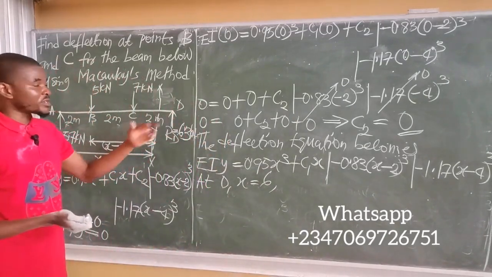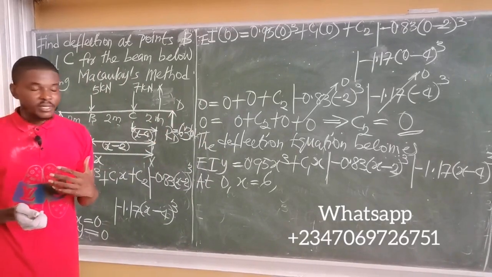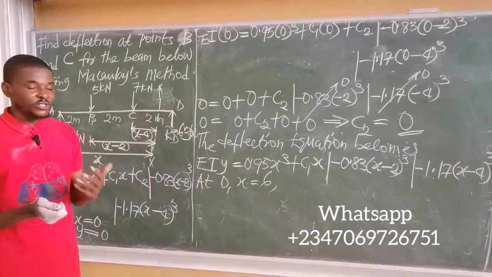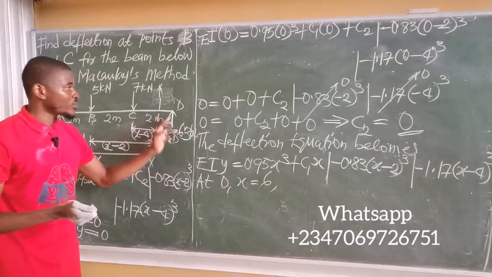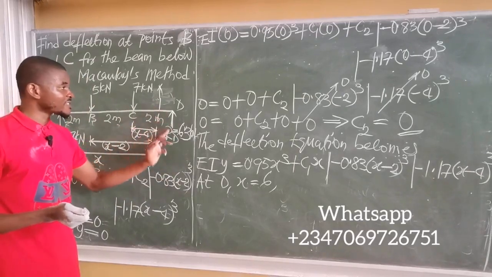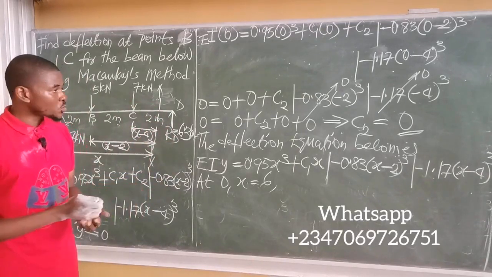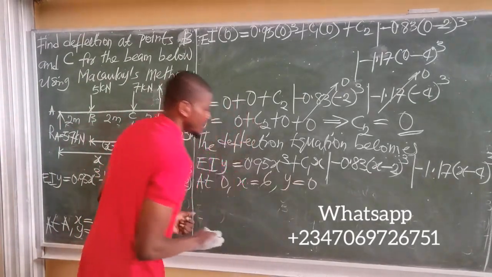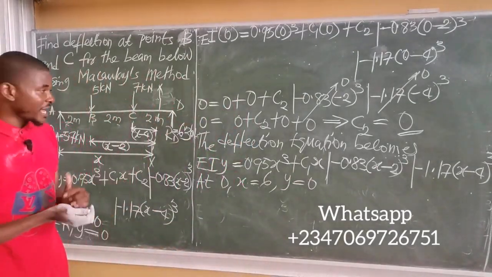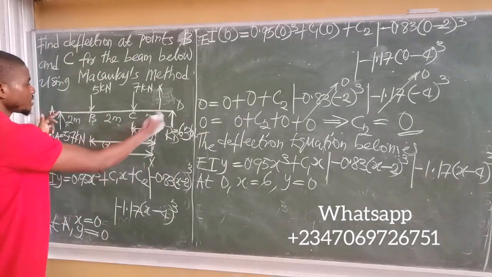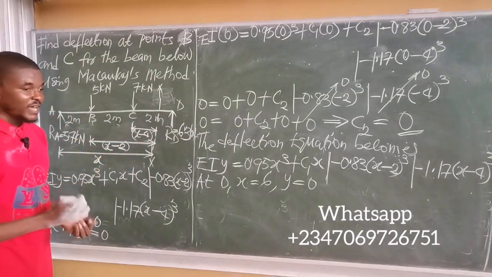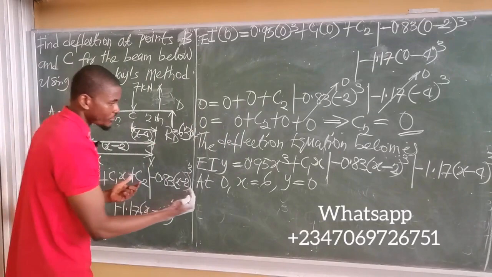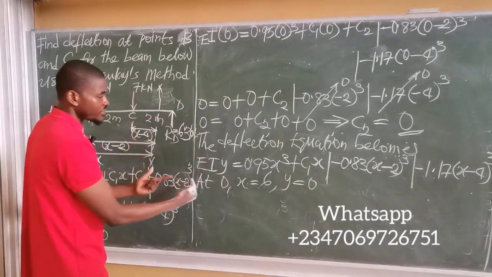Also, at point D, there is no deflection, because I have a load acting upwards at that point. So this force will resist any form of deflection at that point. So at point D also, y is equal to 0. Y remains 0, but x now becomes the total length from A to point D. If that's the case, then we substitute these boundary conditions into the given equation.